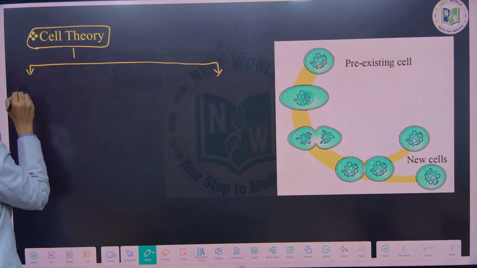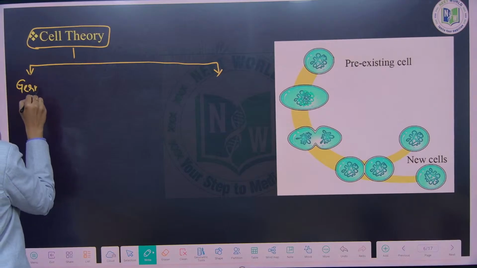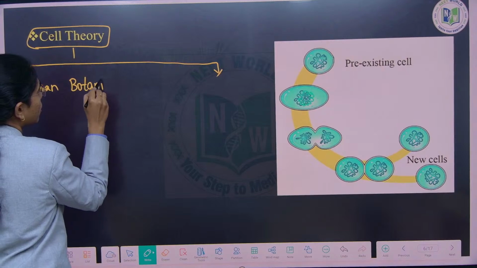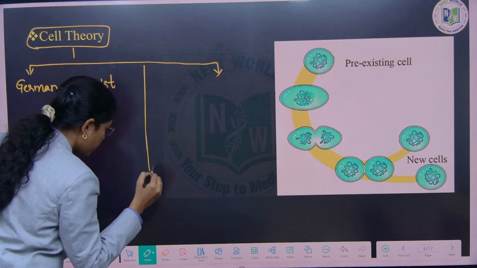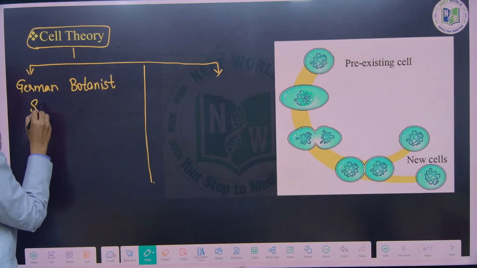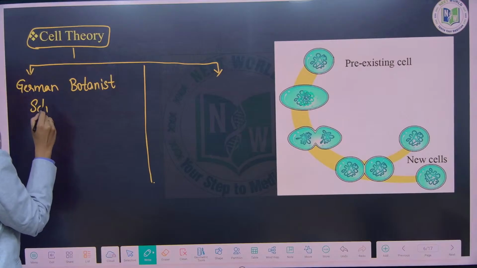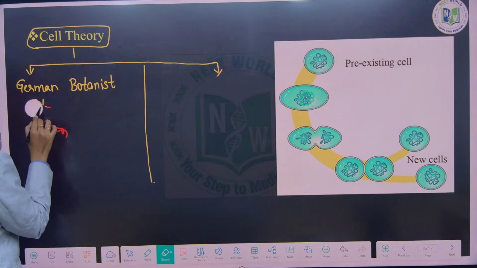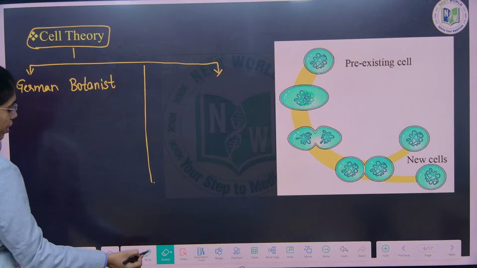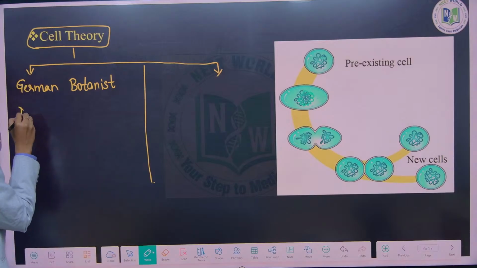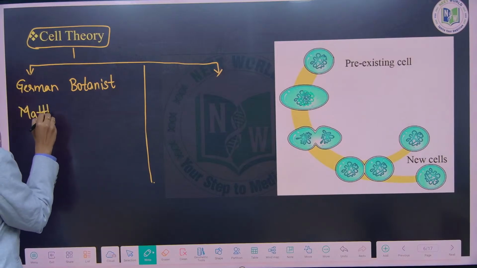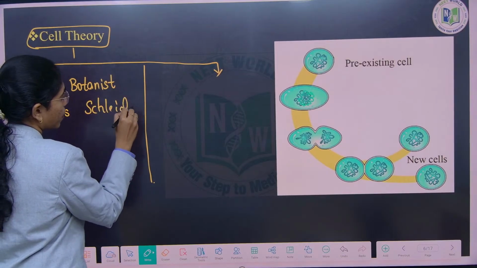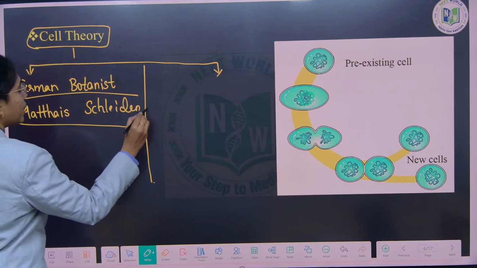One is German botanist Matthias Schleiden and the other is Theodor Schwann. German botanist Matthias Schleiden, in the year 1838.